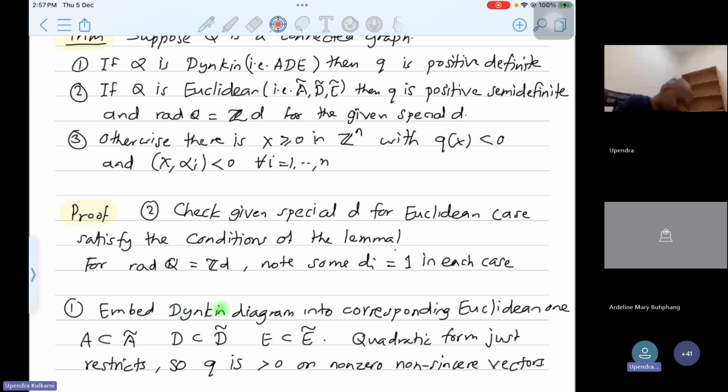I'm starting with a Dynkin diagram and just putting an extra vertex. So there is no issue of disconnection over here, right? So the vector being 0 at any particular vertex won't give rise to some issue. No, because the vector that I have taken is non-sincere. So even if it is 0 somewhere else inside, it still doesn't matter.